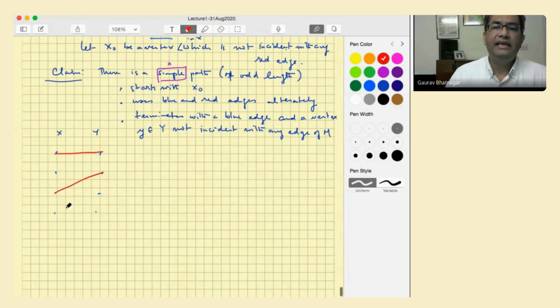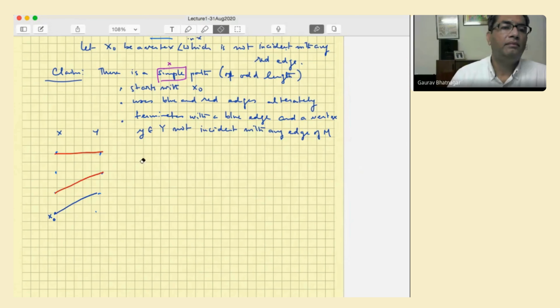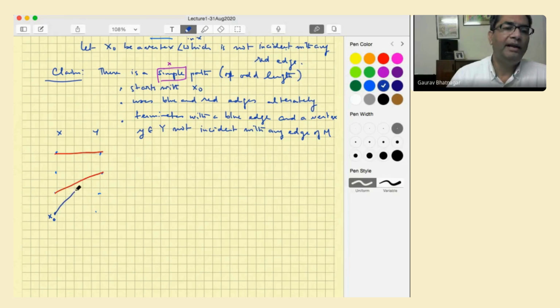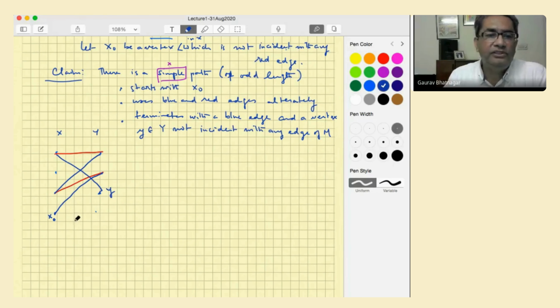And what he's saying is that there is a path which goes from here, which is blue, alternately blue and red, something like this, and which ends with a Y which is not incident with M. So it's an odd length: once, twice, three times, four times, and five times.